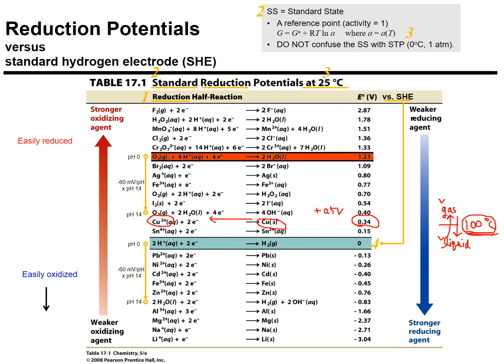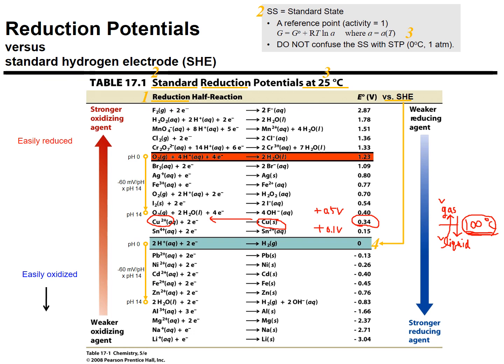Let's go the other way. So right now I'd like to apply plus 0.1 volt, which is much more negative than the plus 0.34 volt.